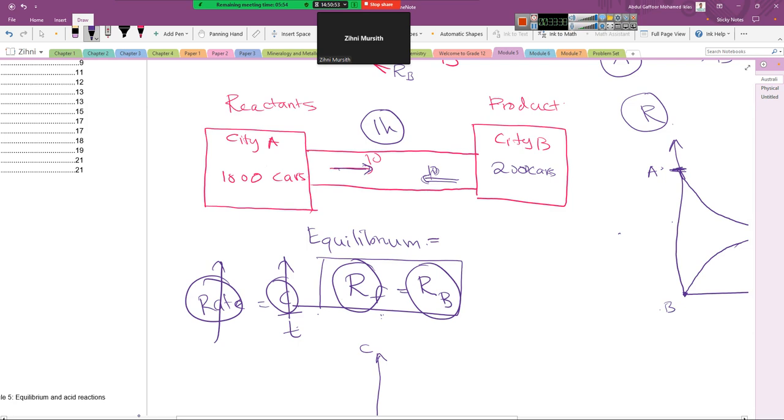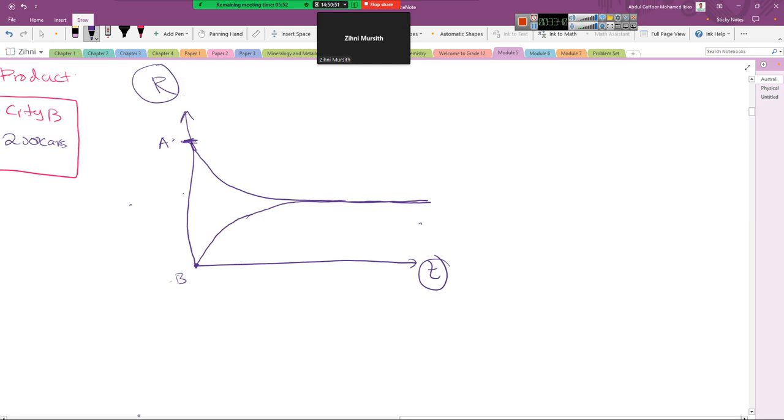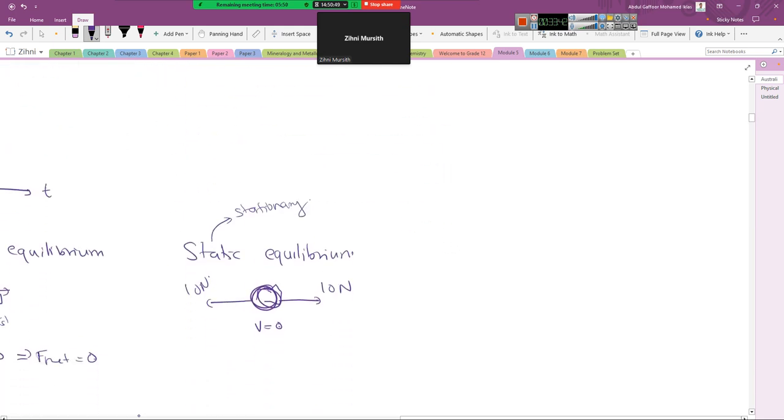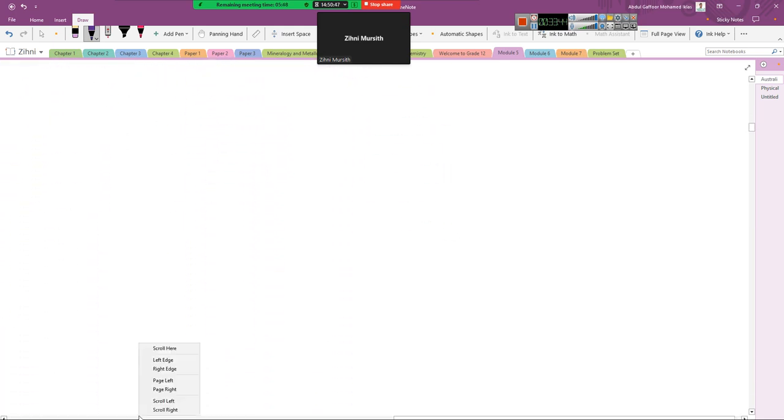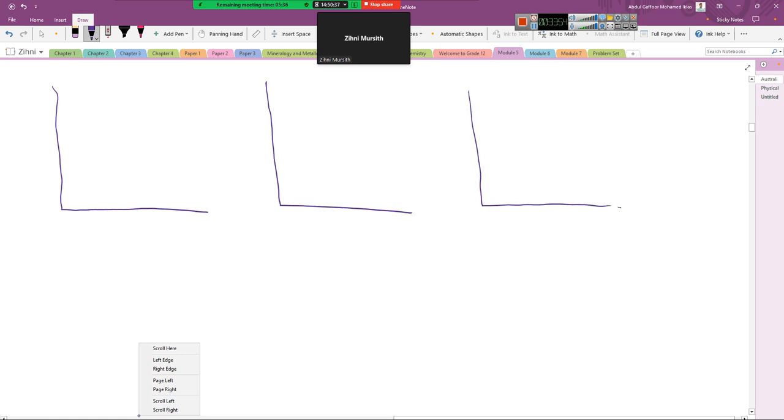So now we will see the concentration time profile for irreversible reaction, right? Okay, so here it might take different patterns. Now I'm just considering this equation, A becomes B, right?